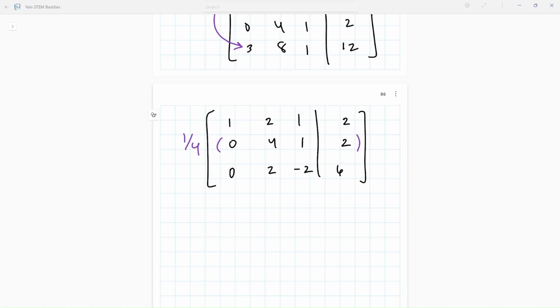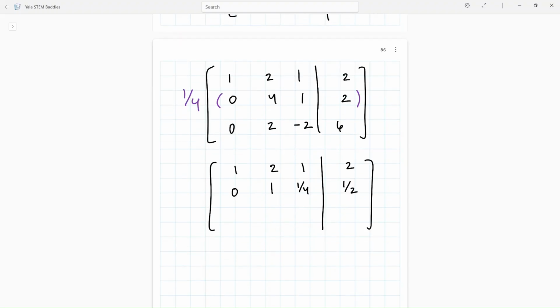That leaves us with 0, 1, 1/4, and 1/2. The bottom row is unchanged. Now we have a 1 here, and we want to add scalar multiples of that middle row to the rows below it so that we zero out everything below that 1.